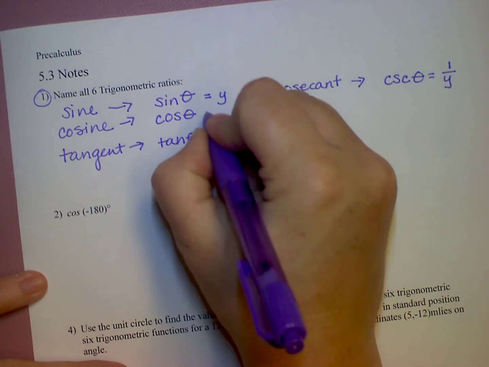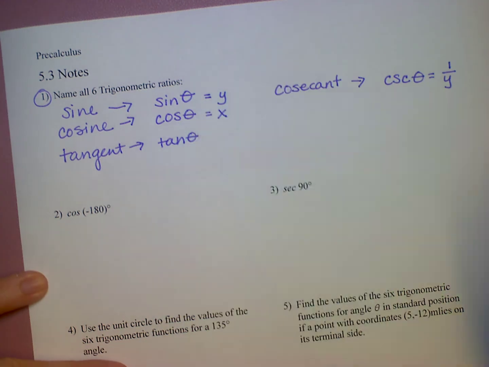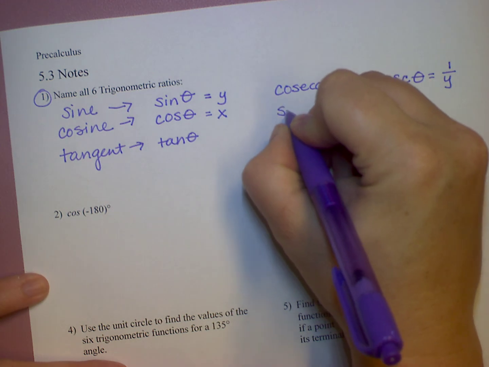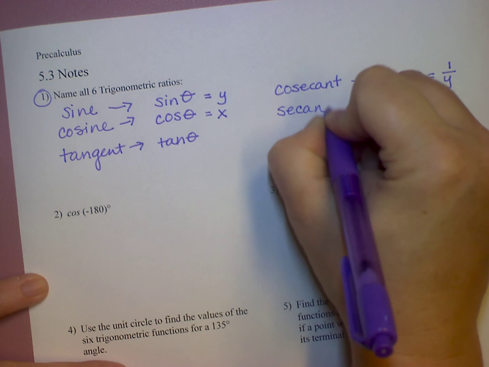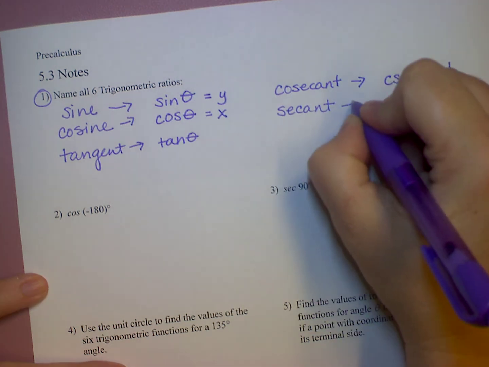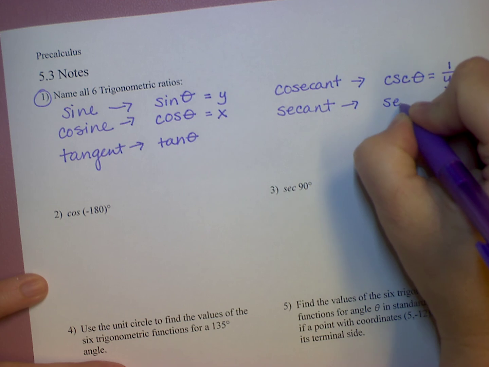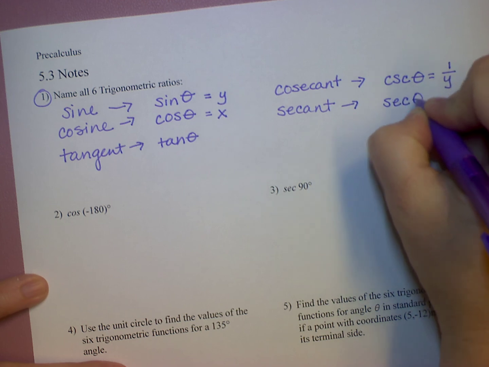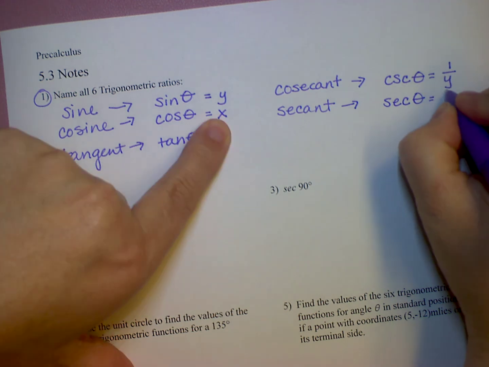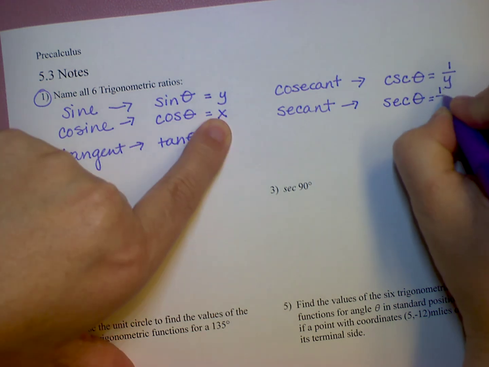Cosine we know is the x value when we're looking at our unit circle. And the reciprocal of cosine is known as secant, abbreviated SEC. So the secant of theta, again, it's the reciprocal, so it would be known as 1 over x.